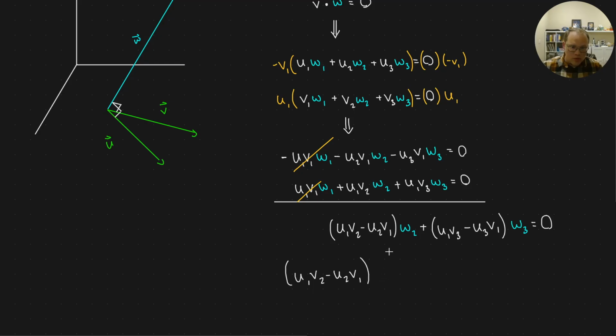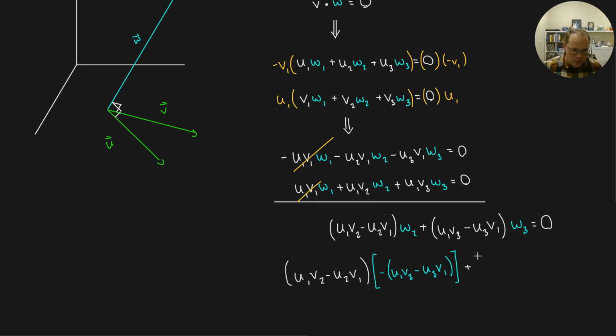What I'm going to do with W2 is turn it into the negative of this, negative U1 V3 minus U3 V1. That's going to be my W2.